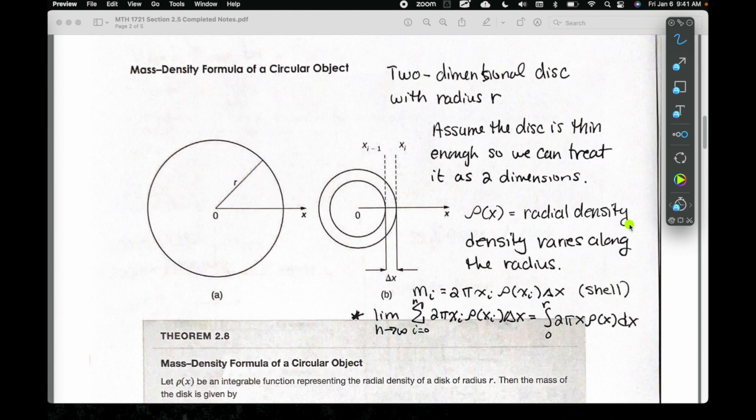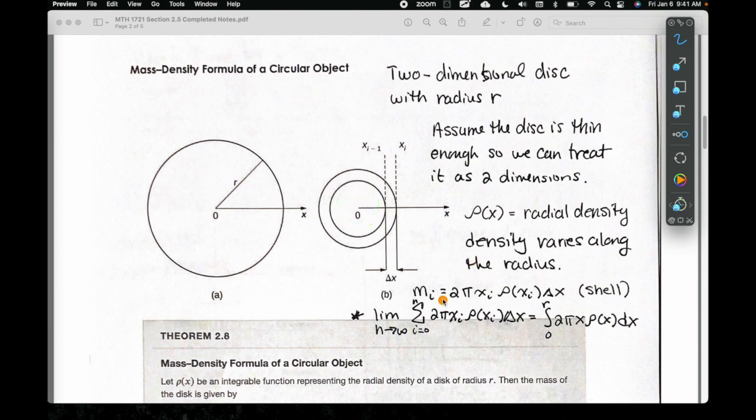This means that the density is going to vary along the radius. So if I plug in a value for x, that tells me how far out to come in terms of the radius. If I say x is 3 and I come out a radius of 3, that's going to tell me what the density is along that radius.